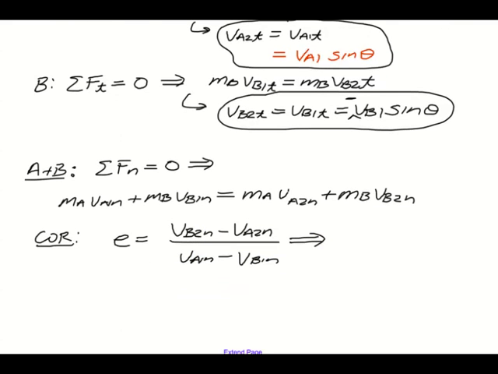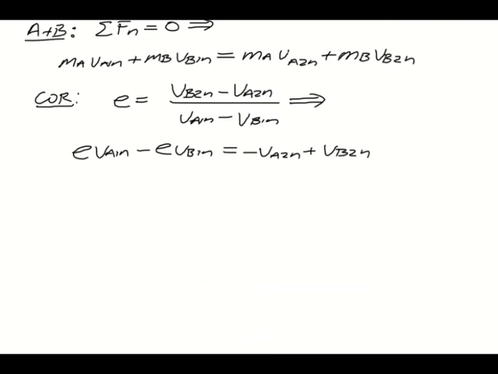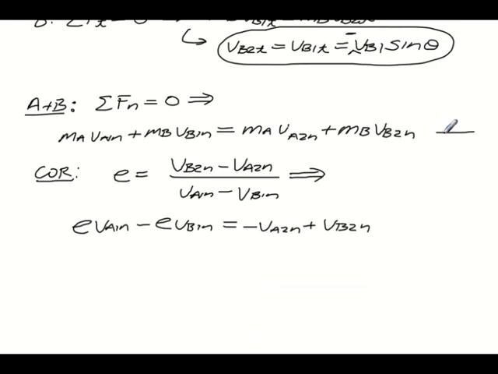So this equation says, when I multiply it through, it's going to be EVA1N minus EVB1N is equal to minus VA2N plus VB2N. So from this we see we have two equations and we have two unknowns.